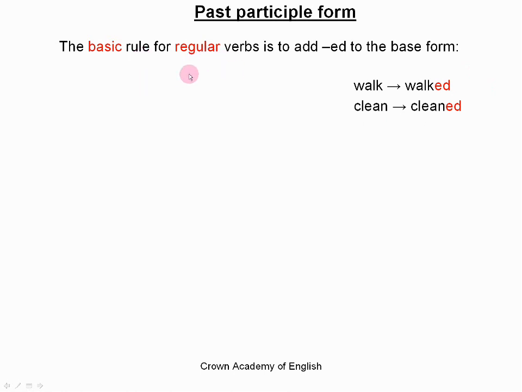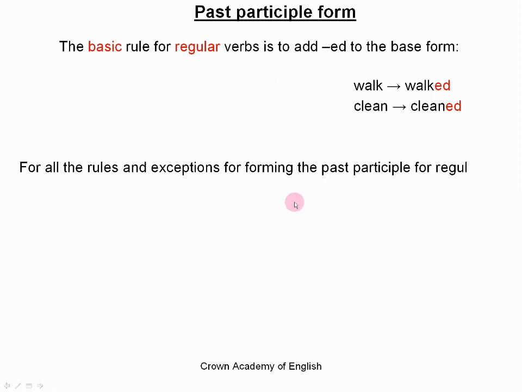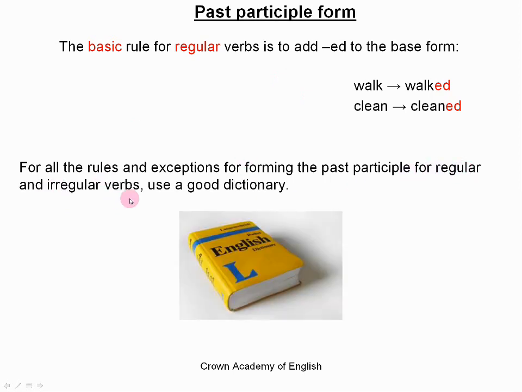There are many other rules, and for all the rules and exceptions for forming the past participle for regular and irregular verbs, then use a good dictionary. Okay? In this video, we will not have time to explain all the rules for the past participle. Okay, that is not the goal of this lesson.